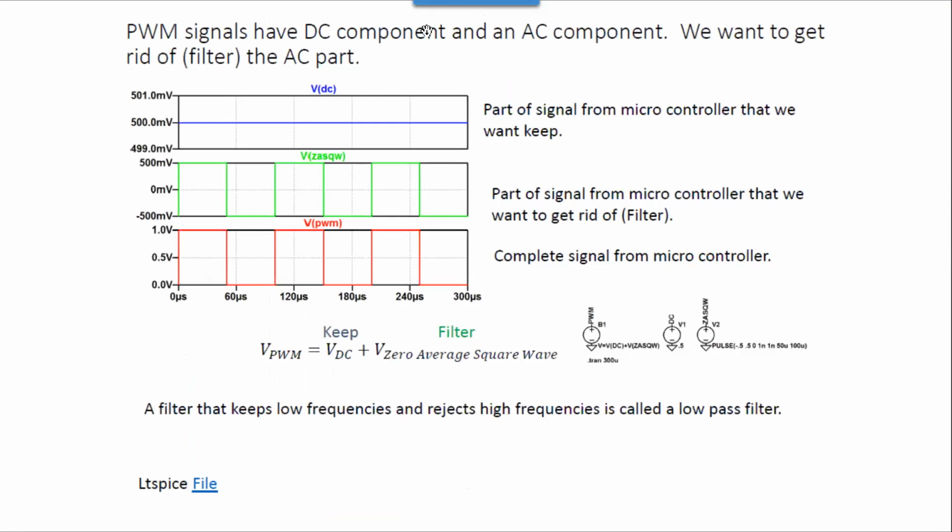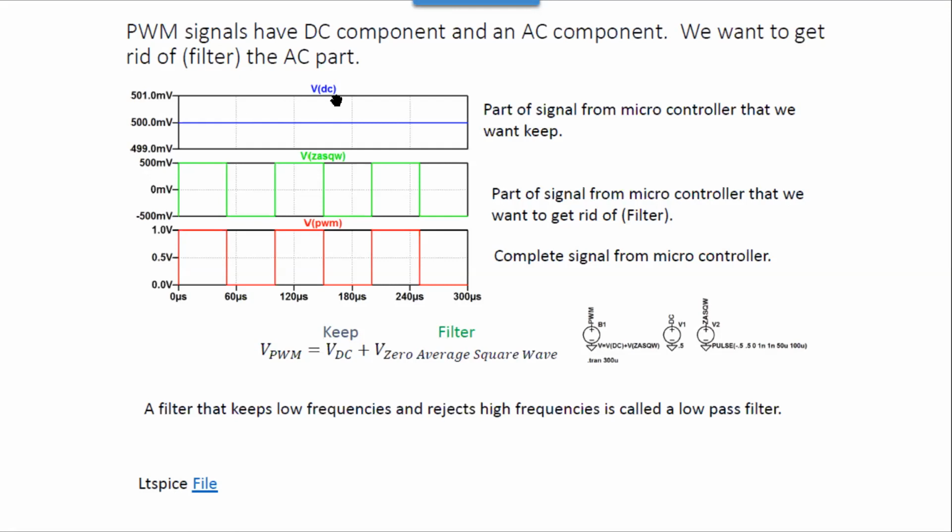So let's look at this a little more mathematically. Pulse width modulated signals have a DC and an AC component. When we want to look at that, we take the Fourier spectrum and we can find the DC and the AC spots.